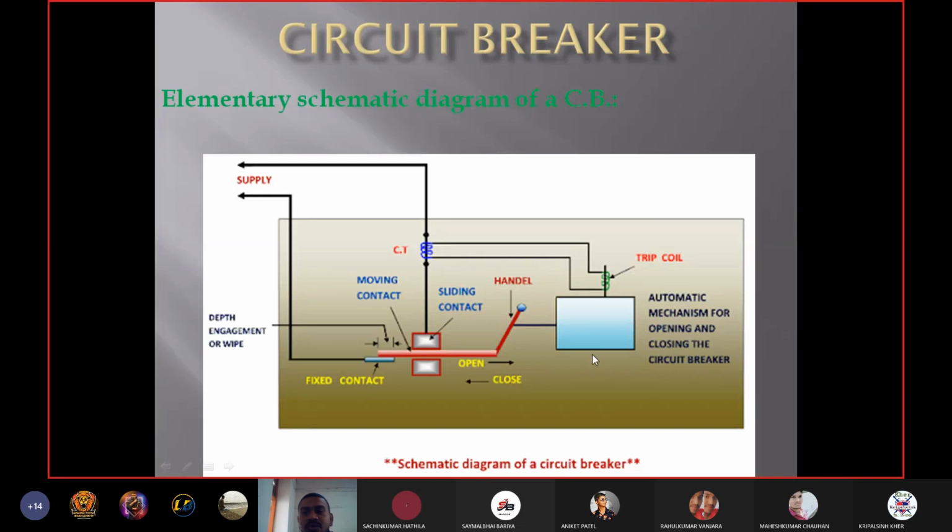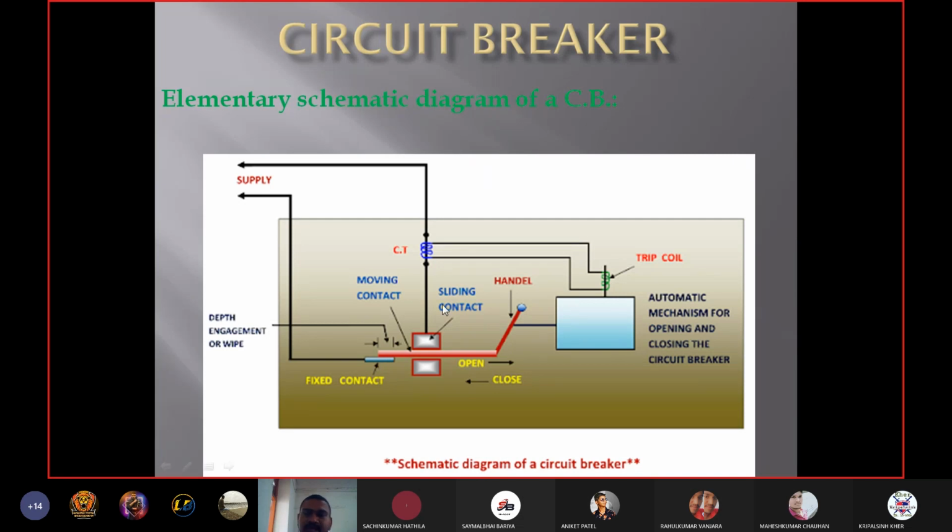Whatever force is produced by this trip coil is now capable of bringing this handle into the right direction, and due to it this moving contact slides in the right direction. That means it will try to open the fixed contact from the moving contact, and at one point this moving contact becomes open from this fixed contact.